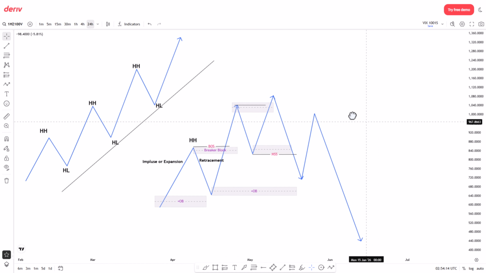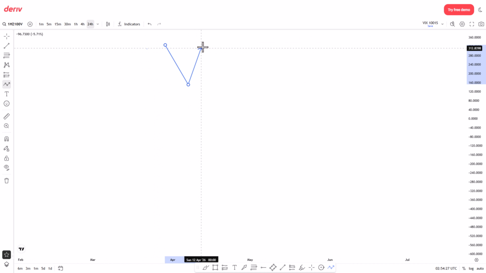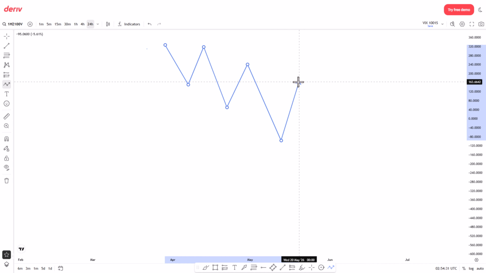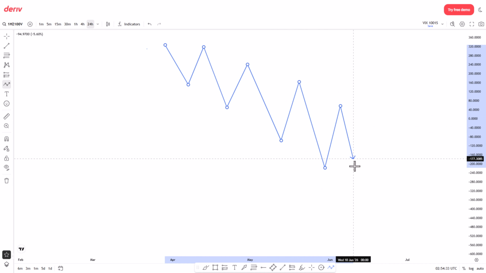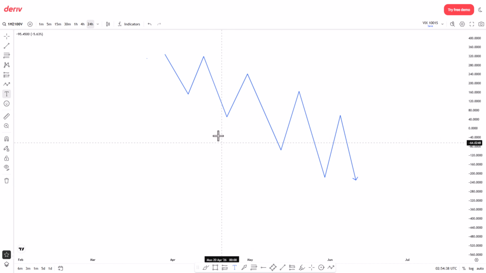Now for the downtrend, if price is going bearish, price will be creating lower low, lower high, lower low, lower high, lower low, lower high, lower low. So what do we have? We have price keeping us with what? Lower low, and then we have lower high.